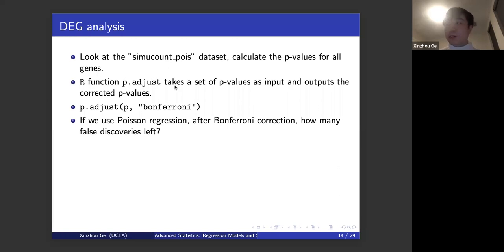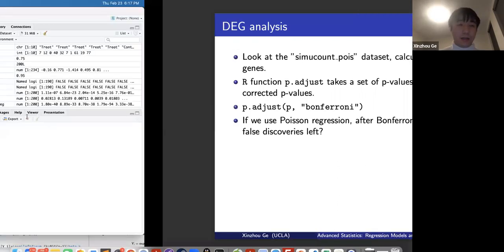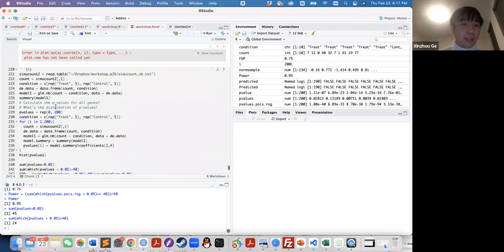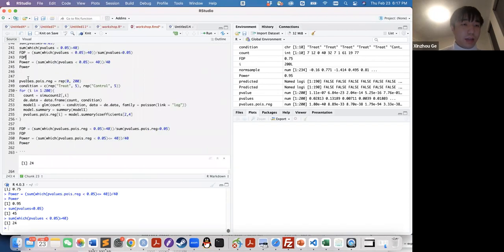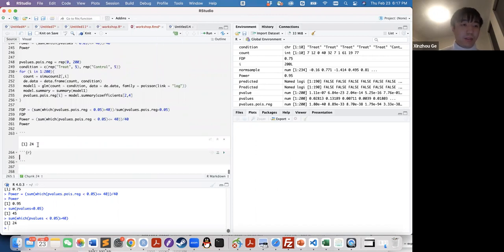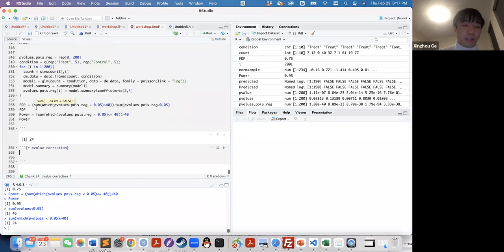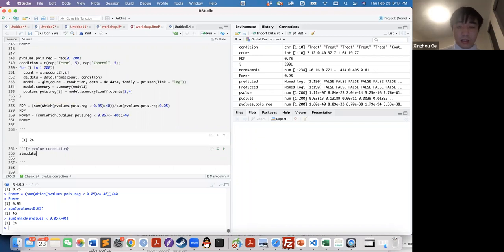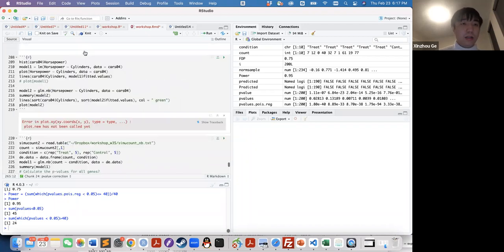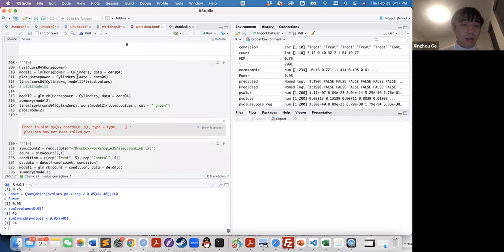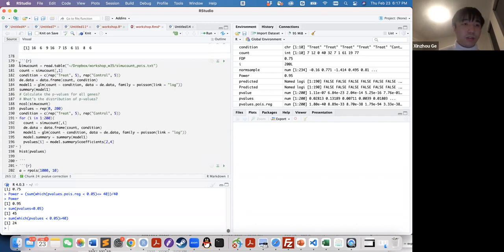Okay, let's go to the first dataset. So let's start our p-value correction task. This time we will go back to the simul data, the Poisson distributed dataset.